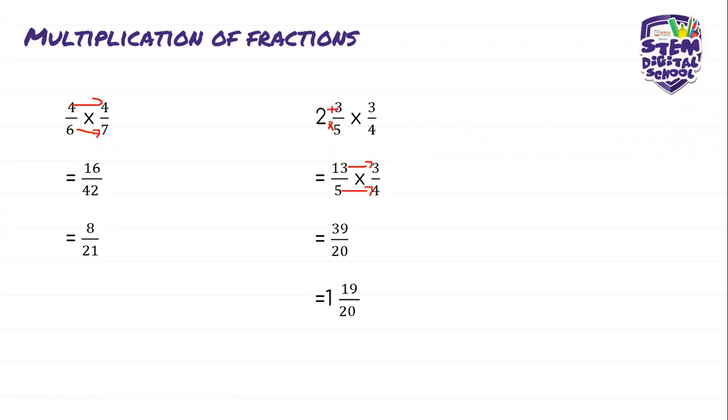So it's 2 times 5 plus 3 gives me what? Yes, I take this fraction the way it is, and I take this fraction the way it is, and I multiply them. Numerator with numerator, denominator with denominator. 13 times 3 gives me 39. 5 times 4 gives me 20.